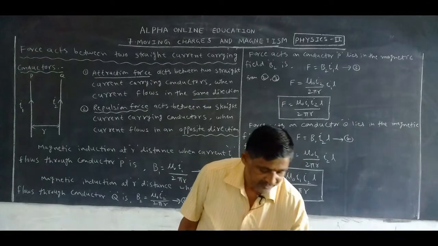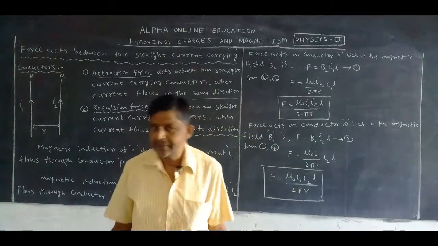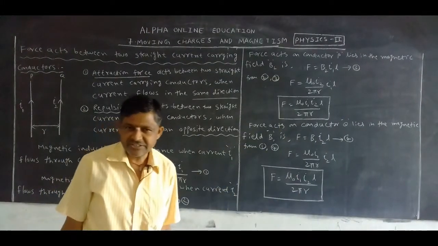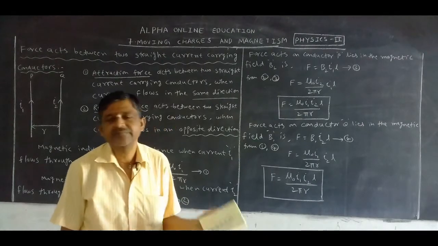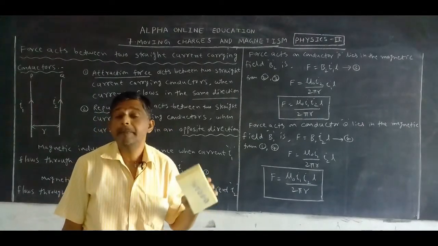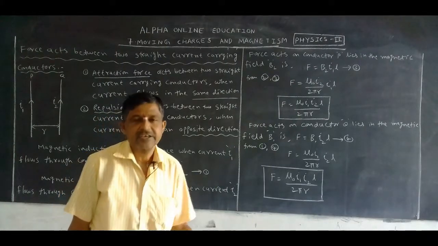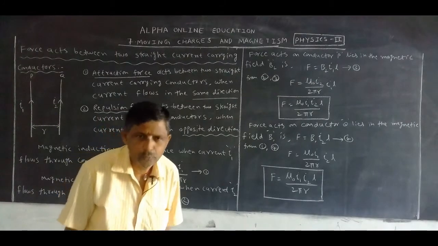When current flows through the two straight conductors, there is attraction when the current flows in the same direction and repulsion when it flows in opposite directions. The magnitude of the attraction force and repulsion force is the same.